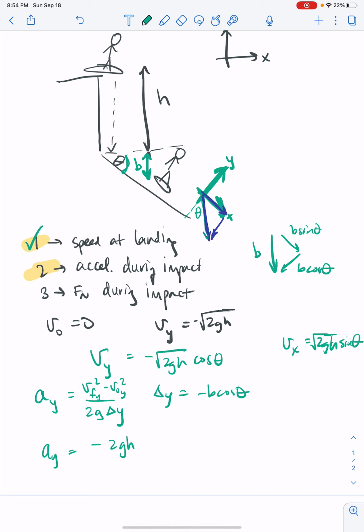2gh cos squared theta over, there should not have been a g there in this last one. Sorry, it's just 2 delta y, 2 b cos theta. Okay, so these 2's cancel out.